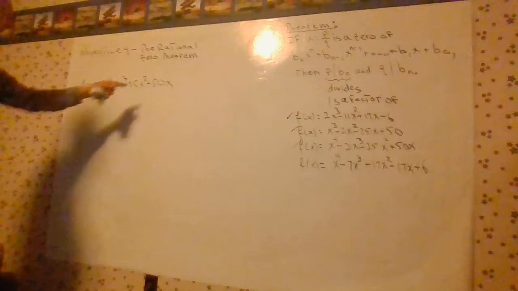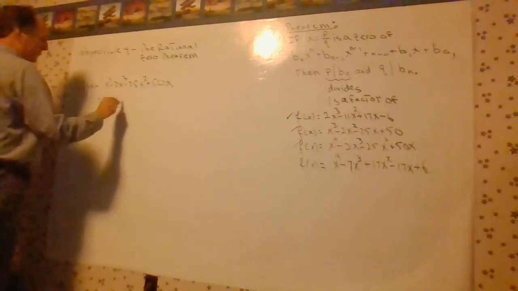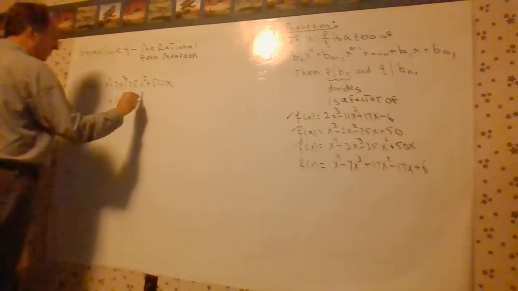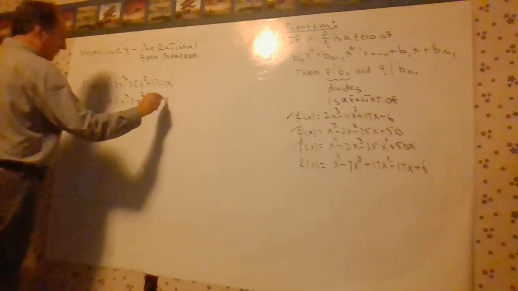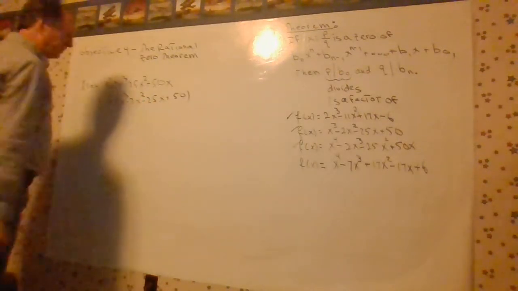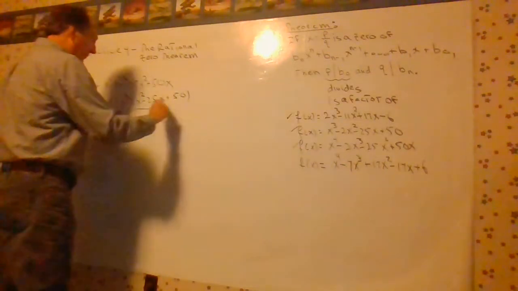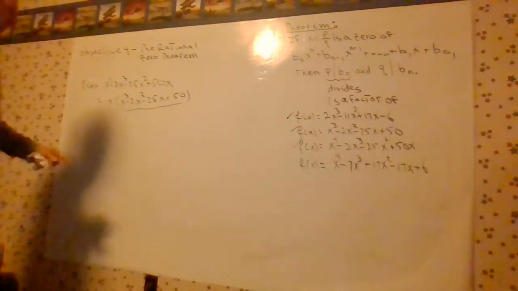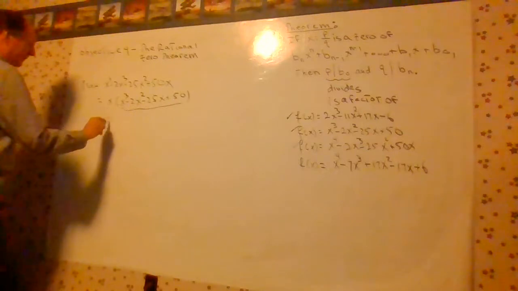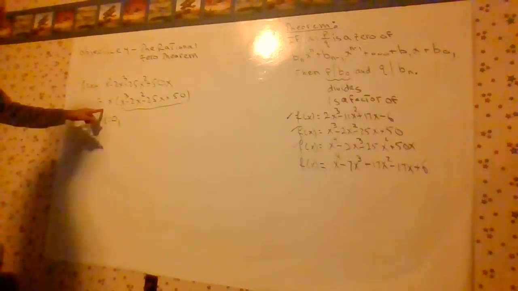Okay, you notice we can factor x out first. And then apply the rational zero theorem to this. Well, we've already done that. That's problem number 2. So we get x equals 0 from here.